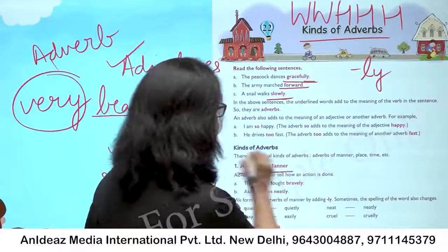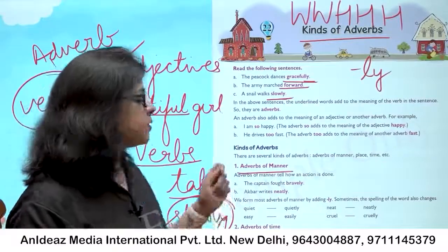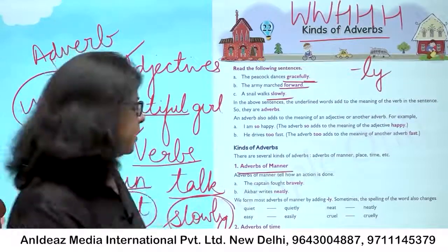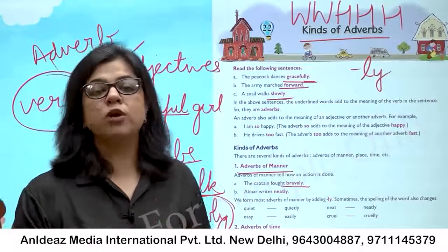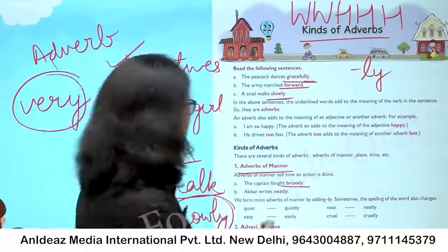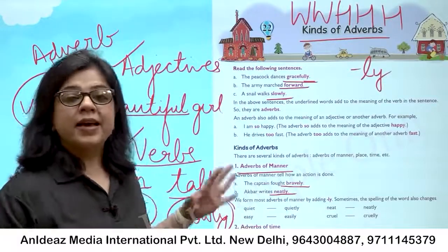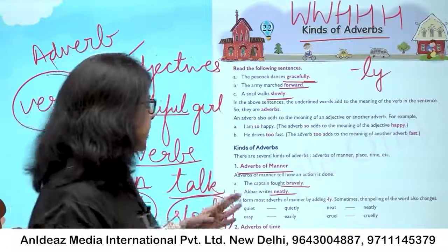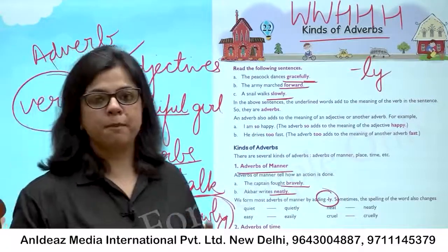Let us first understand adverbs of manner. The captain fought bravely. In what manner did the captain fight? He fought bravely. Akbar writes neatly. How does Akbar write? He writes neatly. Here, essentially, the ly words become the adverbs of manner.